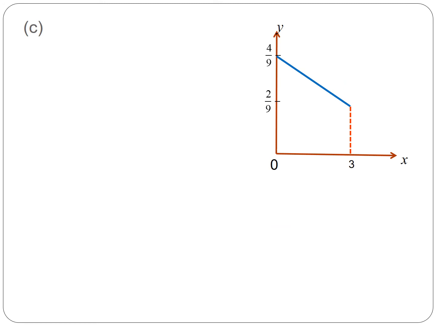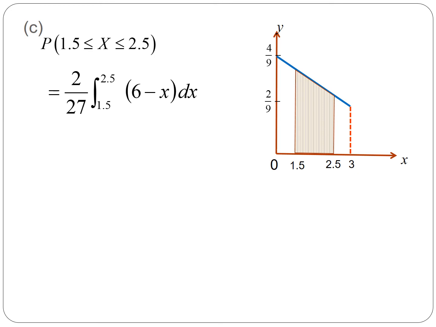Part C, you are required to find the probability of x from 1.5 to 2.5. I have already shaded the area under the line from x equals 1.5 to x equals 2.5. To find the area, you can use integration from 1.5 to 2.5.